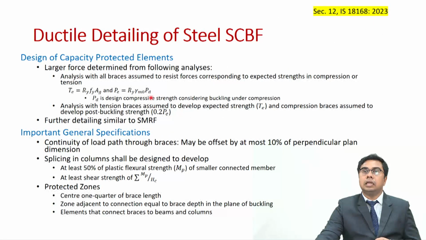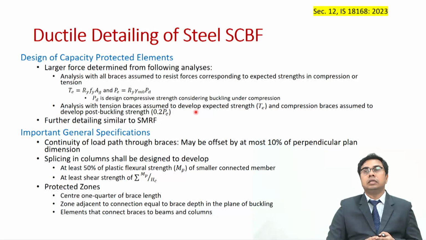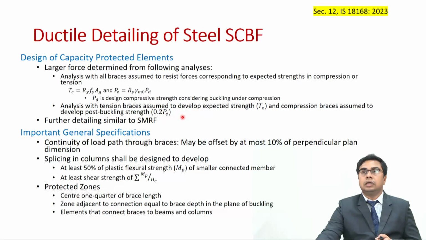In the second analysis, we will assume that the tension braces are able to develop expected strength, that is TE, but the compression braces are assumed to develop post buckling strength, that is we assume that there is a global buckling phenomenon already happening in these structural braces. So, in that case the compression braces will be able to contribute only 0.2 times of PE.